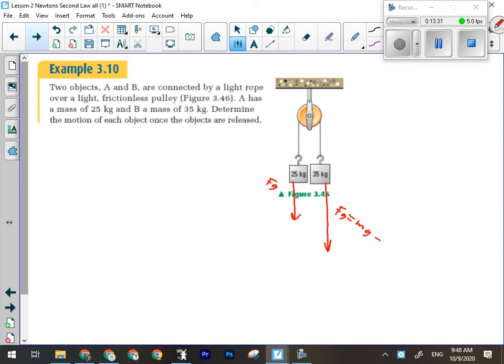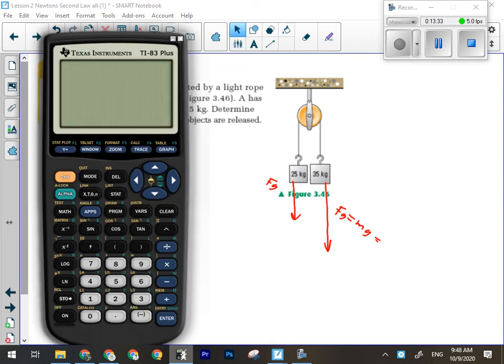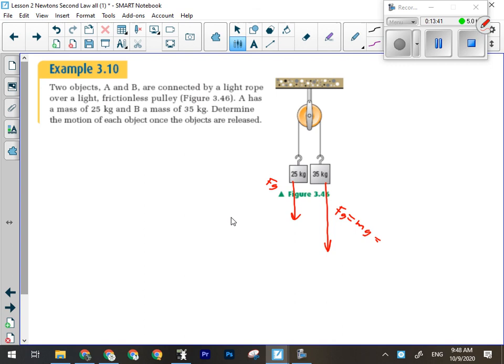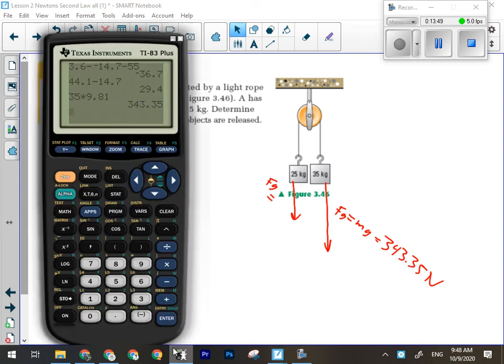The force of gravity on the 35 kilogram mass is 343.35 newtons, and on this one here, 245.25.